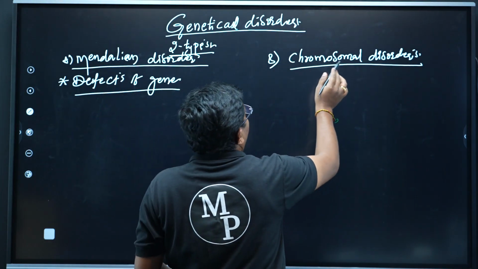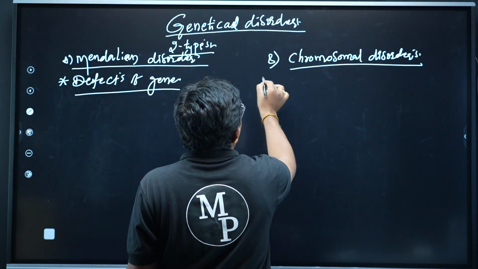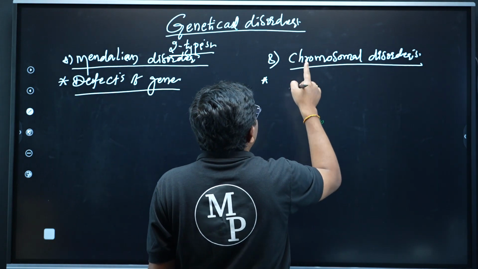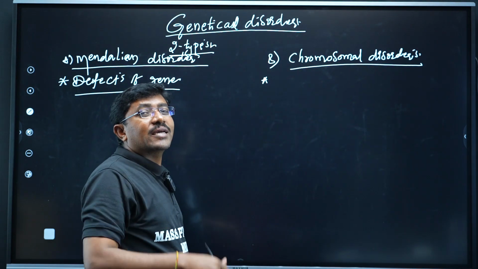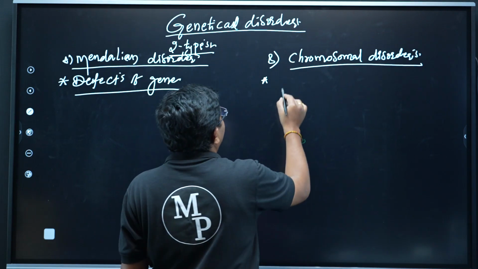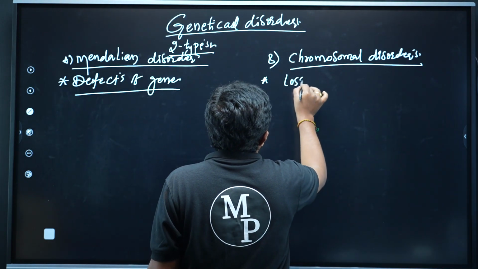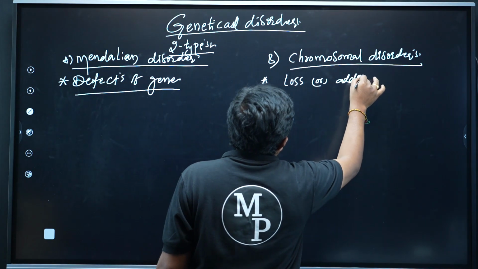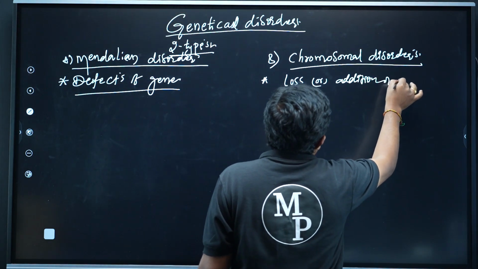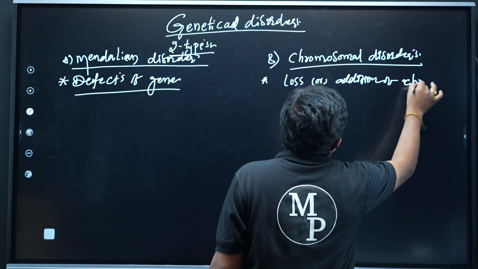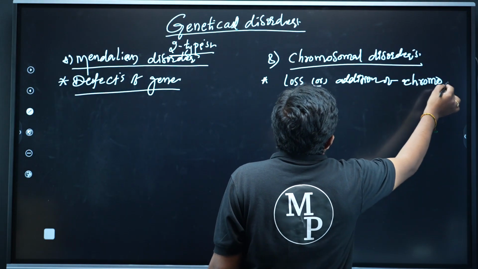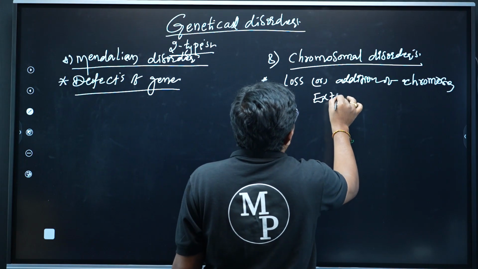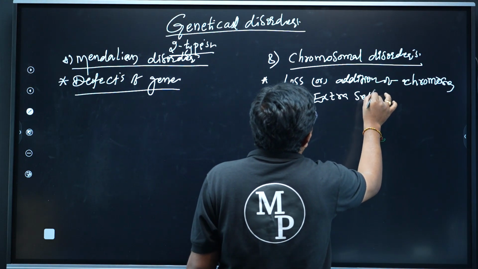Chromosomal disorders are caused by either loss or addition of chromosomes, an extra set of chromosomes.